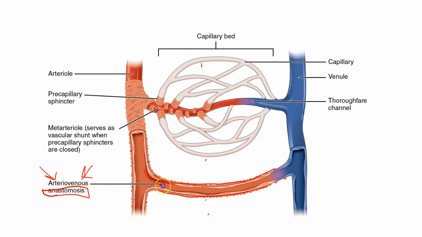This can open and allow blood to bypass the capillary bed, but it can also shut. It's got all these bundles of smooth muscle rings surrounding it, and they can contract and shut this off. If it shuts off, then blood will not pass through and it will get forced through the capillary bed. So here's kind of a second place where blood flow through the capillary bed is regulated.